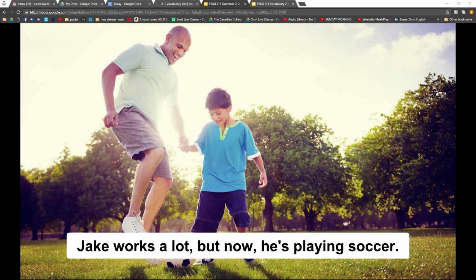So let's look here. It says Jake works a lot, but now he's playing soccer. So one of these verbs is something that he always does, and one of them is something that he does right now.